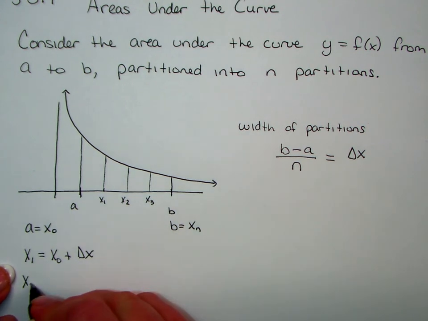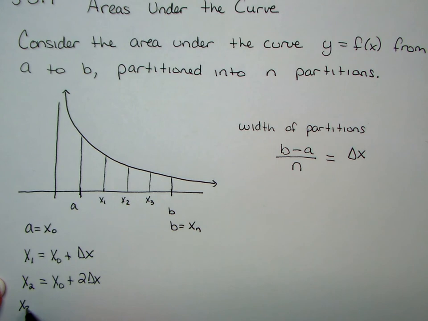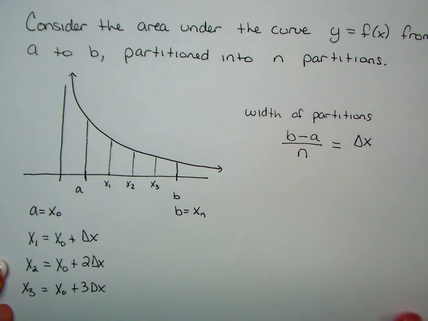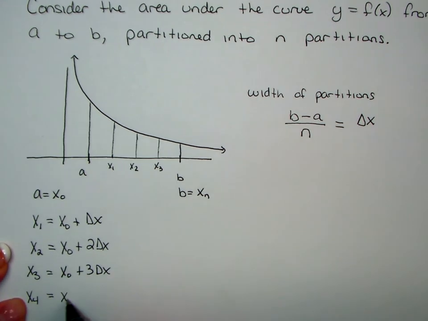X sub 2, we're going to start at x sub 0 and add 2 partitions to it. X sub 3, we're going to start at x sub 0 and add 3 delta x's to it. And then x sub 4 is x sub 0 plus 4 delta x, but that should equal B in our case because we only did 4 partitions, all right?